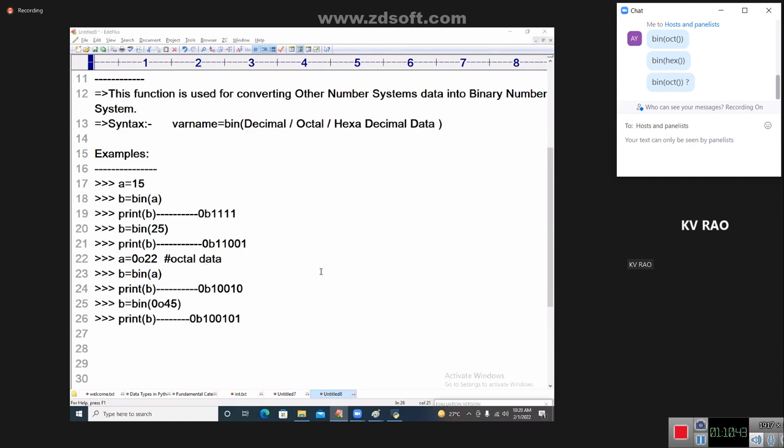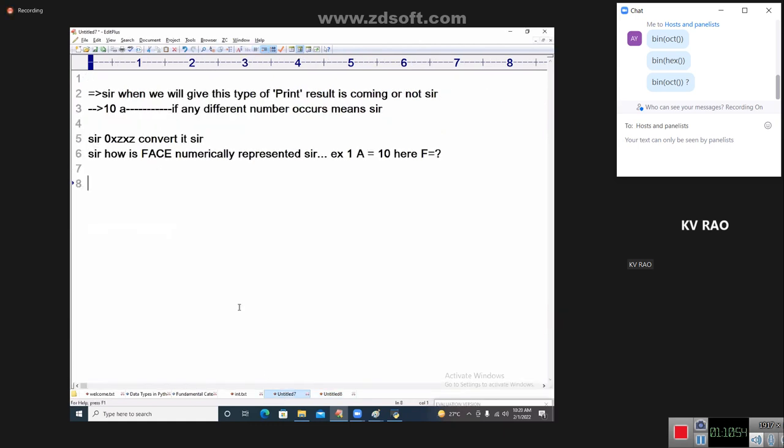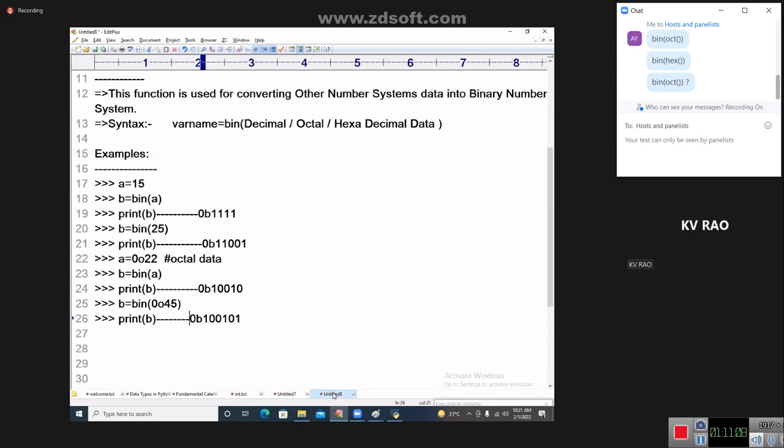Right. Now somebody is asking, see this question once again, because such things you must take care of, my dear students. Sir, can we say bin of is an object? Is it an object, my dear students? Rushi, please. This is called a function. I told you already in the class.